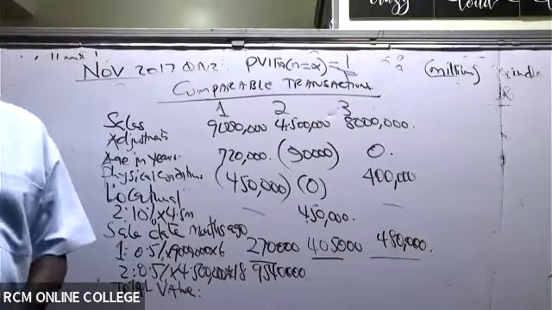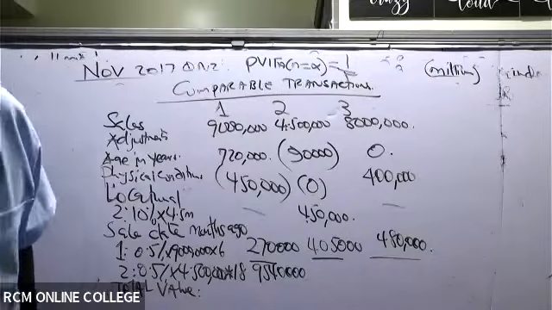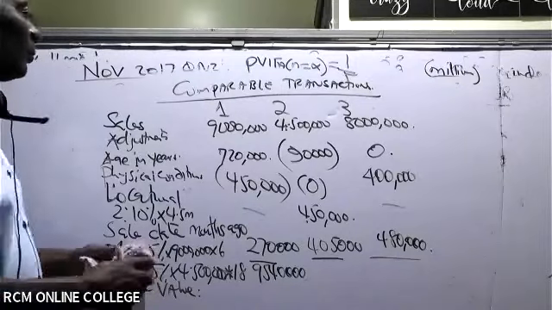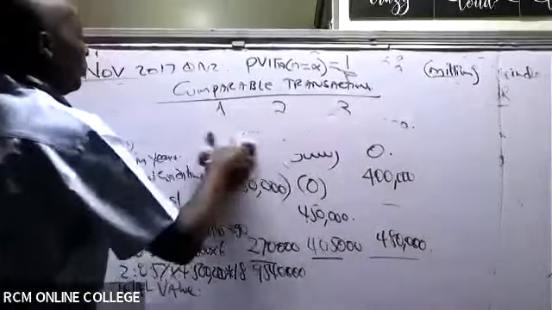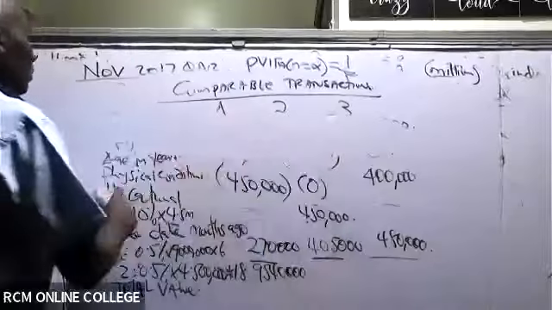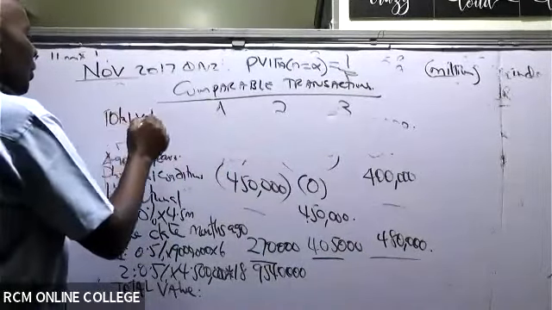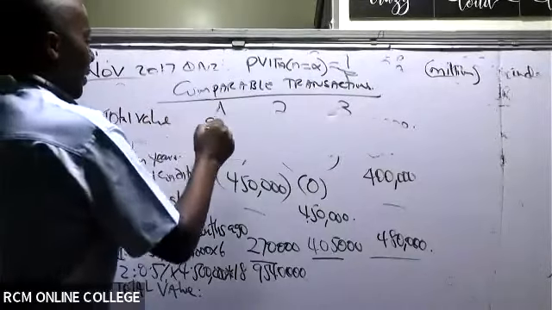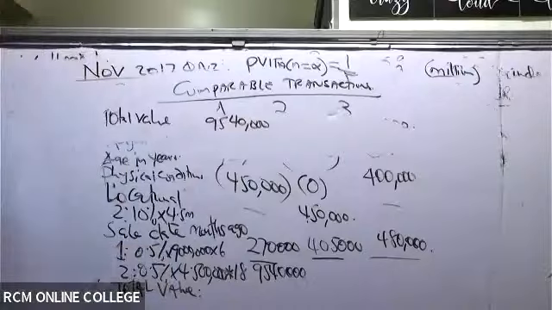So once you get the total value, this is 9,540,000. I don't know how much you're getting for the second one.